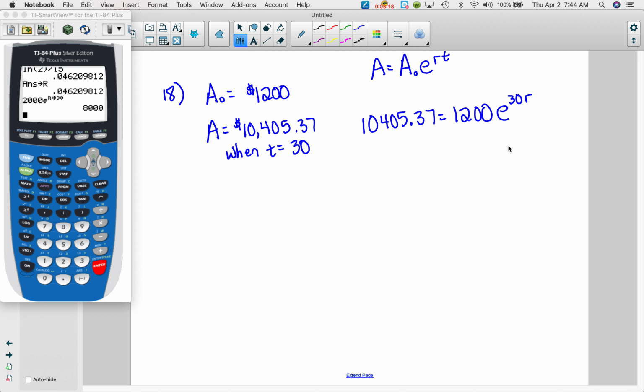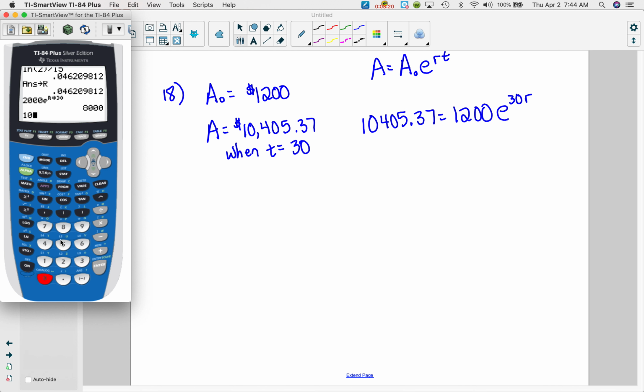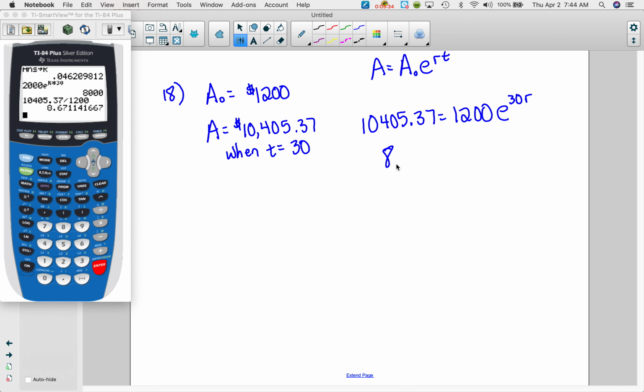We're going to be solving for R. So start by dividing by 1,200, and we get 8.671 equals e to the 30R.